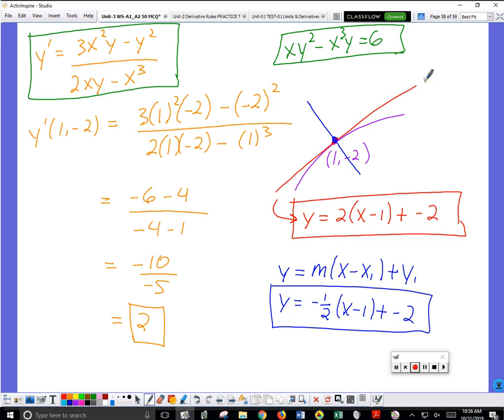I can draw a line that is tangent to the curve at that point. I can create an equation for that line. I could also draw a line that is normal. It's easy to create that equation because it's the same point, but the slope is different. It's just a negative reciprocal of that.